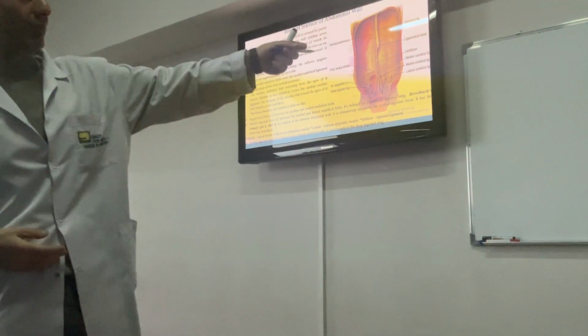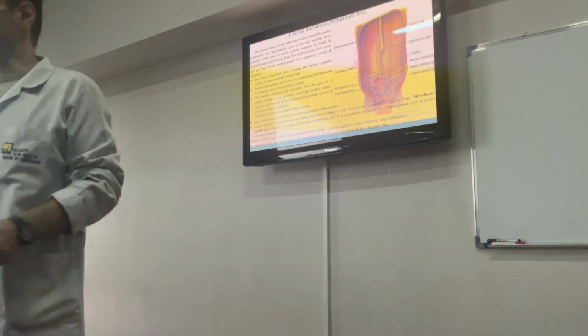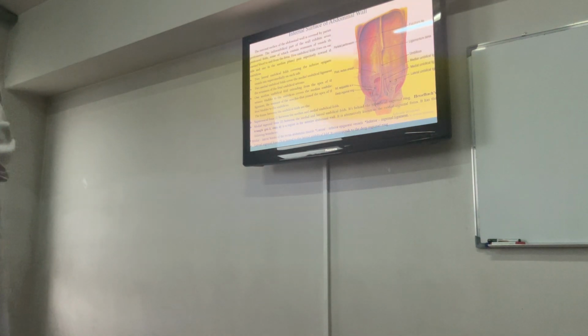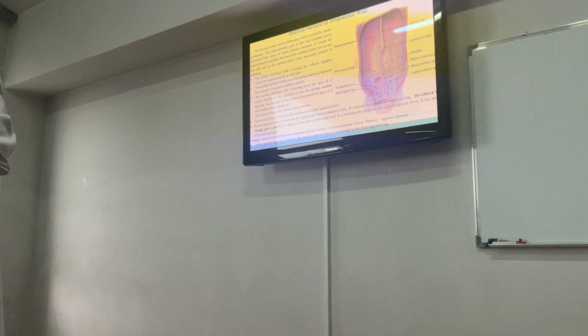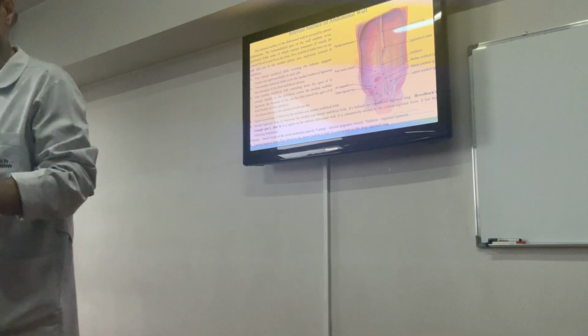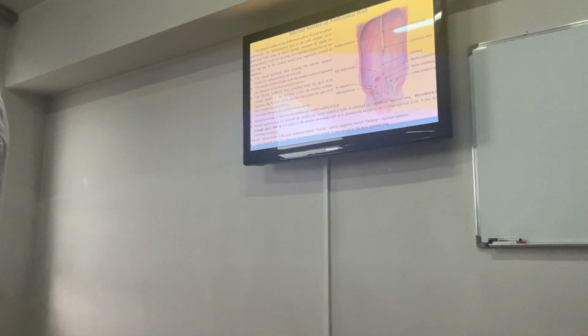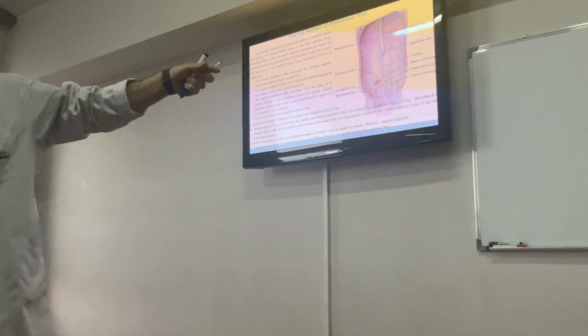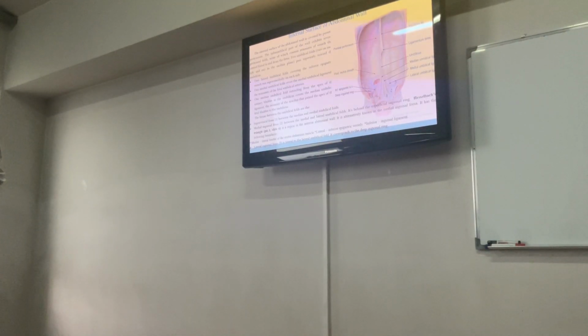What is the function of structure number 2, the umbilical arteries? They carry the venous blood from the baby to the placenta, where we have decarboxygenation and oxygenation. Arteries have venous blood.